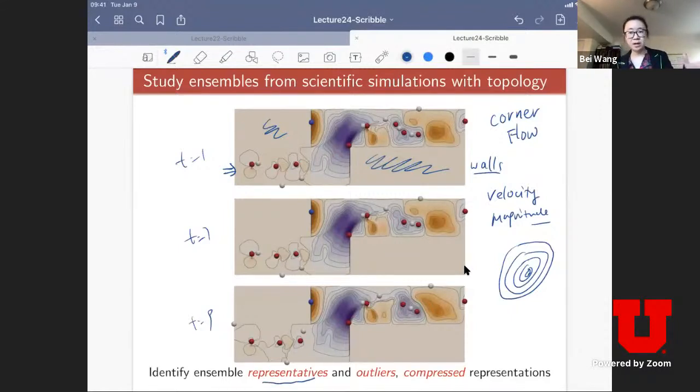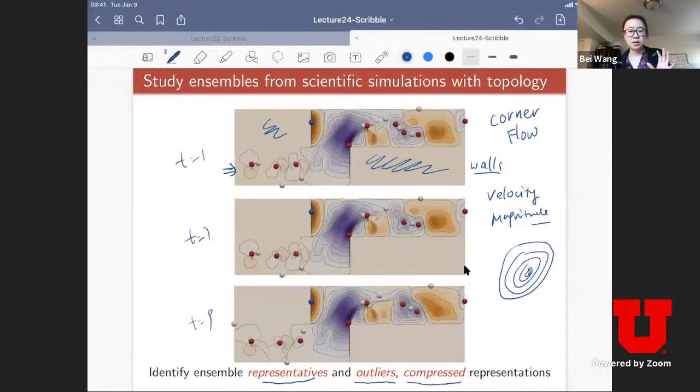If you think about a time-varying data set, maybe the topology doesn't change for a period of time, and then it will change, and so on. So can we find representatives that correspond to different topological changes in the data? Outliers are the ones that stand out as particular instances. The final goal is to obtain what's called a compressed representation, and I will make that clear very soon.